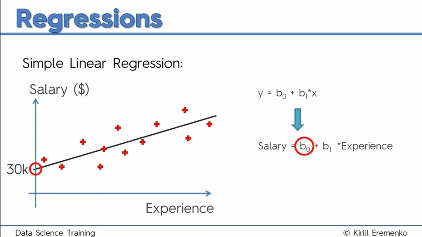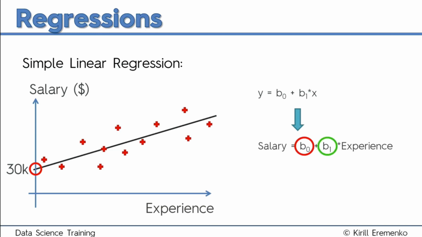So salary equals B0. That means that salary will equal $30,000 when a person has no experience. As soon as somebody's fresh from university and joins this company, most likely they will have a salary of about $30,000. There will be some confidence intervals there, but we won't go into that right now. We can just say that according to this model, that person will probably be getting paid $30,000.